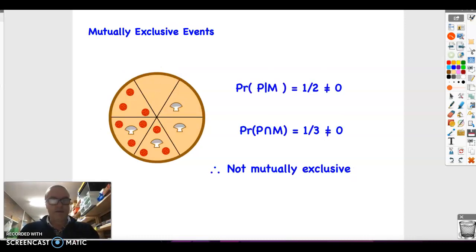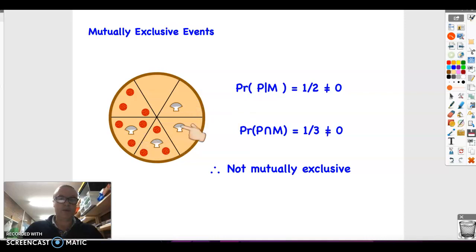If we compare that to this different pizza, we can see that there is an overlap. In this particular pizza, we can see that the probability of getting pepperoni, given that you've got mushroom, is going to be a half. So we can see there are 4 pieces with mushroom.